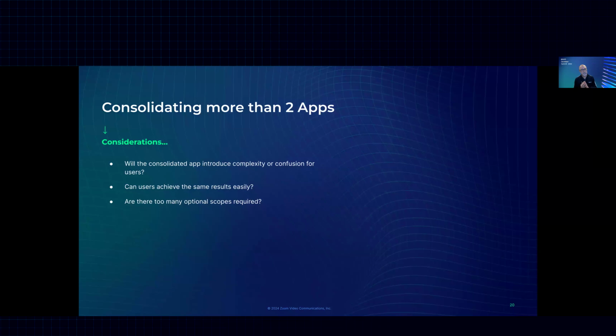So finally, if I have three or four apps that I want to consolidate, it's really the same process. You're just going through that for each subsequent app, adding that functionality into the new consolidated app. But there is a higher chance of complexity and confusion, especially if those apps were built to solve different use cases. So just be aware of that.